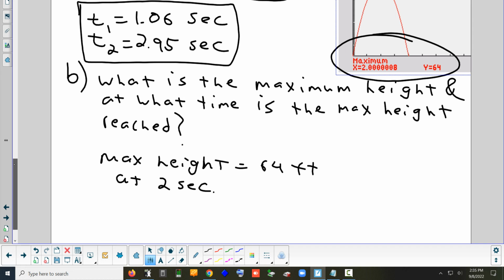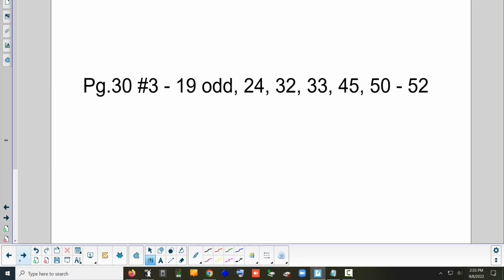So, on page 30, I might change that slightly. So, we're going to skip the 50 to 52.